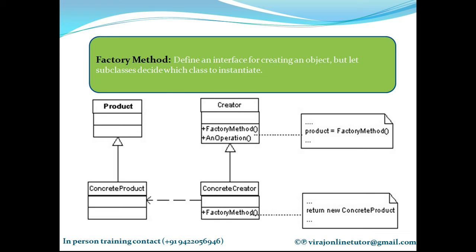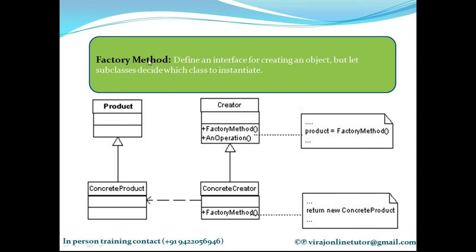Okay, so just to brief about the factory method again, please remember that you will have some product hierarchy in your design. Like I might have a product here and a concrete product here. The concrete product is the actual product which I am inheriting from a product. So this product is my abstract class and this concrete product is my actual product.